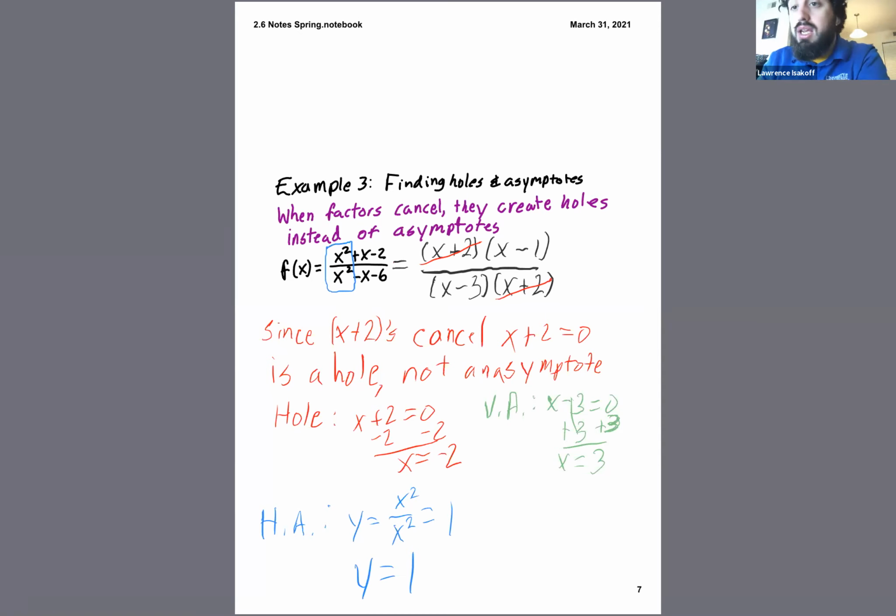So this is a special function because we get things to cancel out. If we were to look at the graph of x minus 1 over x minus 3, it will look identical on Desmos to the graph of x squared plus x minus 2 over x squared minus x minus 6, because it reduces to that.